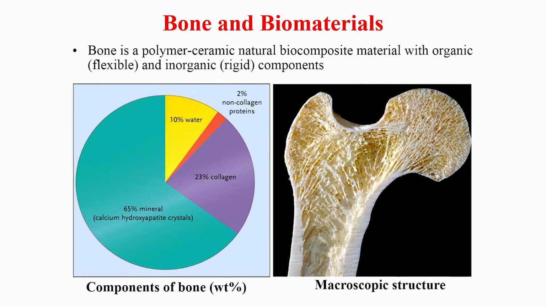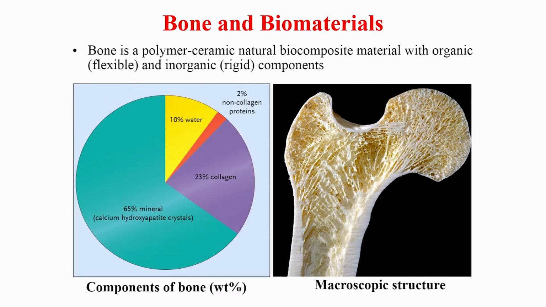Now, what is bone? Bone is a polymer-ceramic biocomposite material. As I told you multiple times in earlier lectures, bone is made up of collagen and hydroxyapatite composites, with organic flexible and inorganic rigid components.